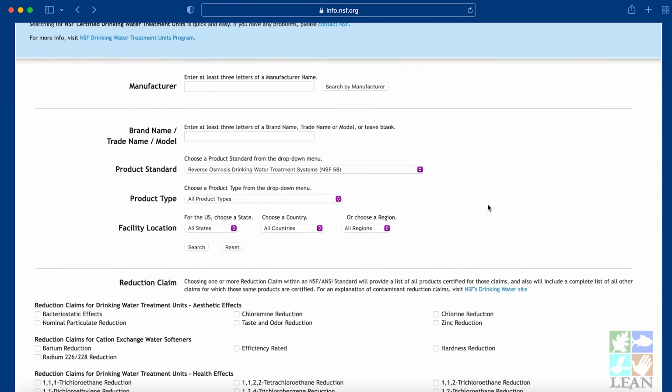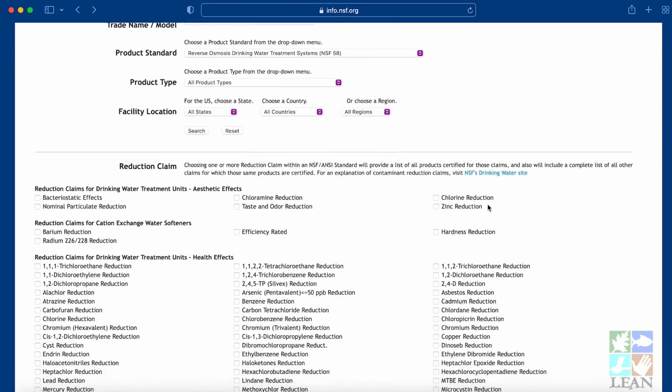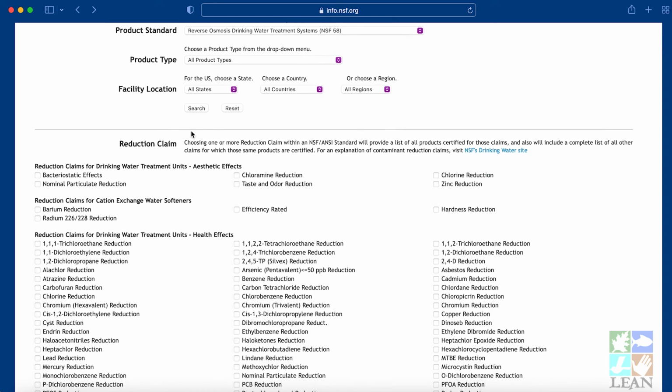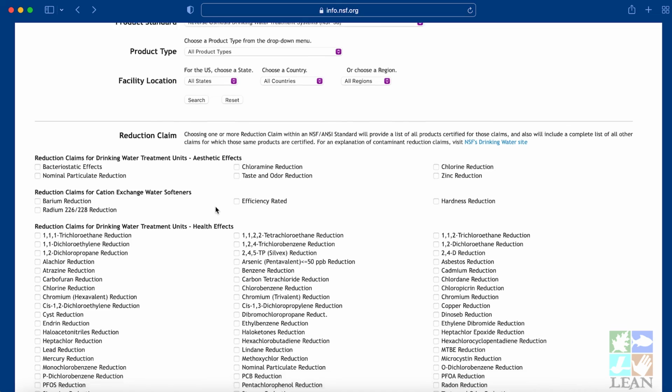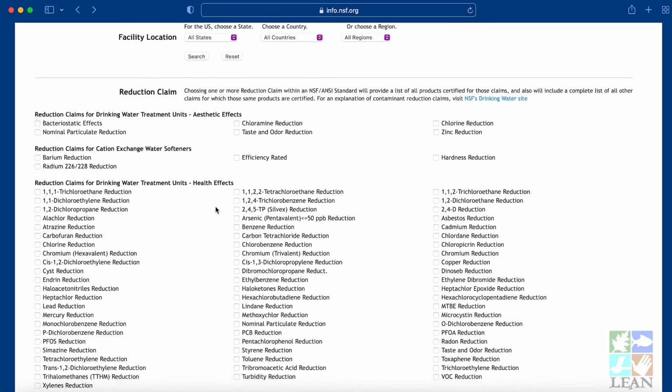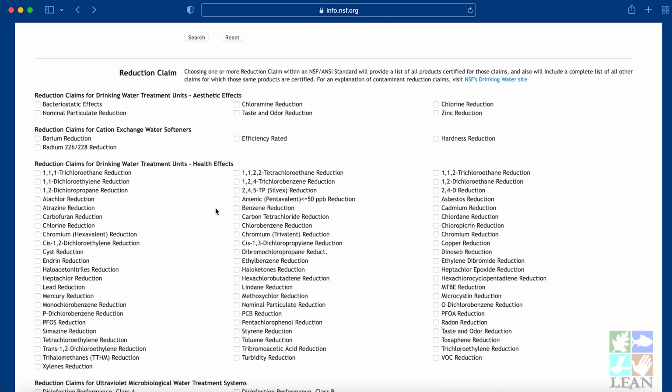Another really great thing about this particular water system query is that you can also look by the reduction claim. If you keep scrolling down when you get to that query tool, you can look up specific issues. Let's say you have problems with your disinfection byproducts.